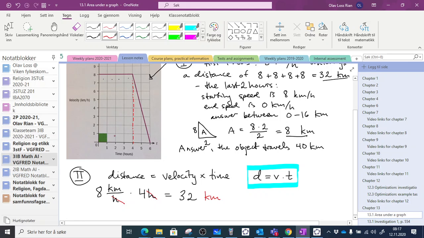I'm going to pause the recording in a minute, and I'll let you consider this square at the bottom here, the green square. How do we interpret that square? What is the unit measure of that square? What does this square represent?